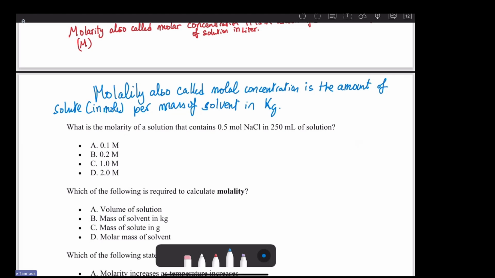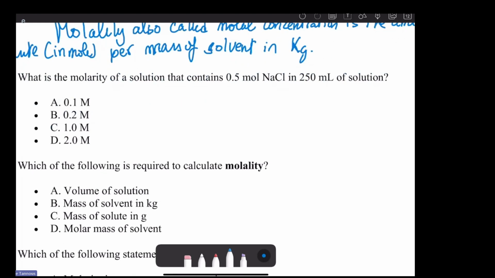Whenever you have calculation questions, always write the given. Write the formula clearly that you are using, substitute, put the answer and the unit. Never forget the unit. What is the molarity? Molarity is moles of solute over volume. They've given me 0.5 mole solid sodium chloride in 250 milliliter solution. The solute is given in mole, so there's nothing to do for it.